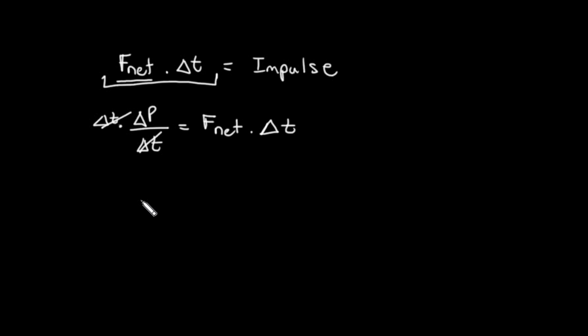So we get delta p is equal to F net multiplied by time. Now look at this: change in momentum is equal to F net multiplied by the change in time.